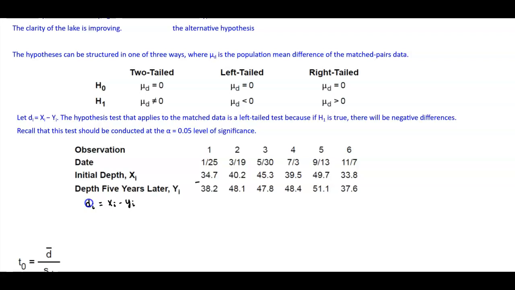So we're going to take 34.7 and then subtract 38.2 and we get negative 3.5.